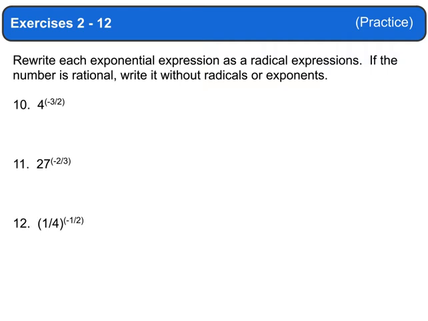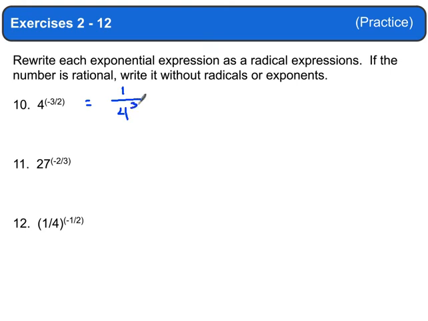So in number 10, they ask us to rewrite each exponential expression as a radical expression. If the number is rational, simplify the radical as appropriate. So we'll take a look at this and see what we can do. Here we have a negative exponent, so let me emphasize that. If we don't want that negative exponent, we're going to move it to the denominator.